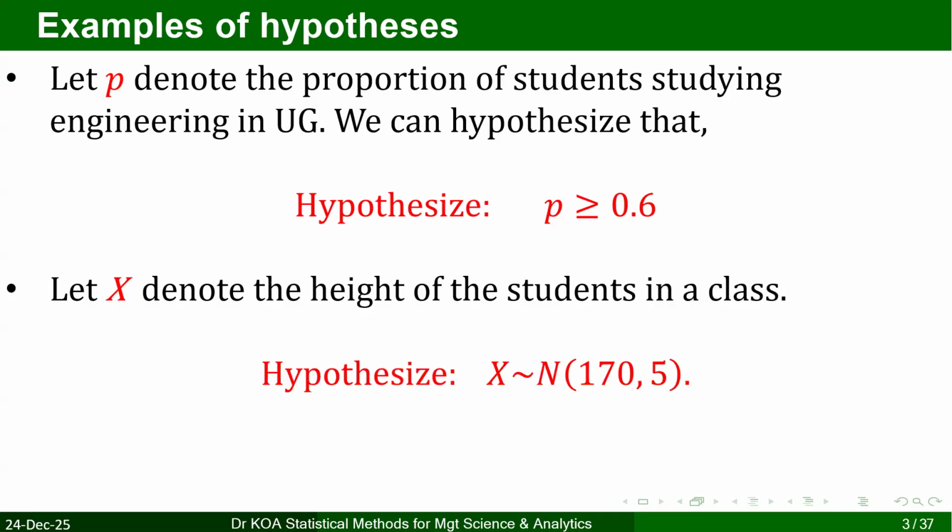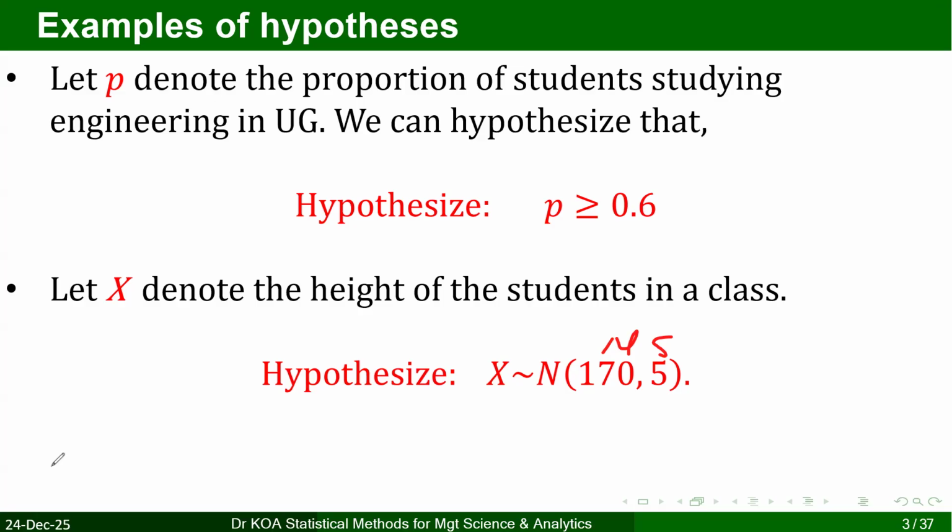Then we can hypothesize that X is normally distributed with a mean of 170 and a standard deviation of 5, which means that we are assuming that X is normally distributed and it has a mu and also a standard deviation. All of these eventually lead us into hypothesis testing.